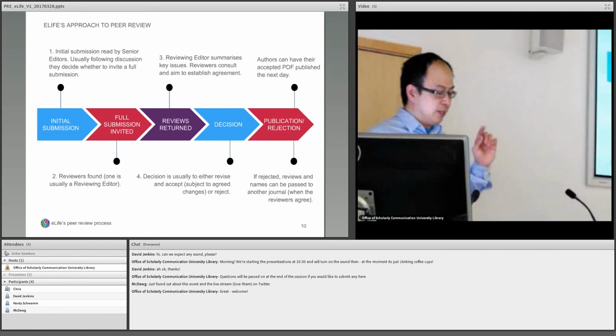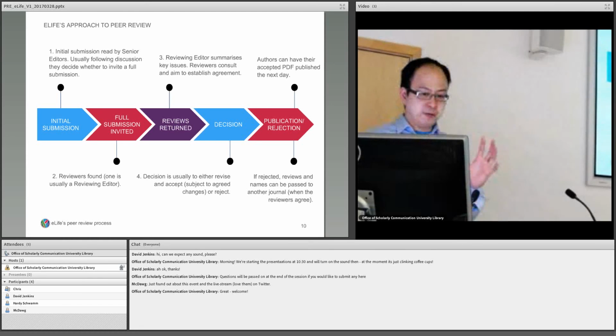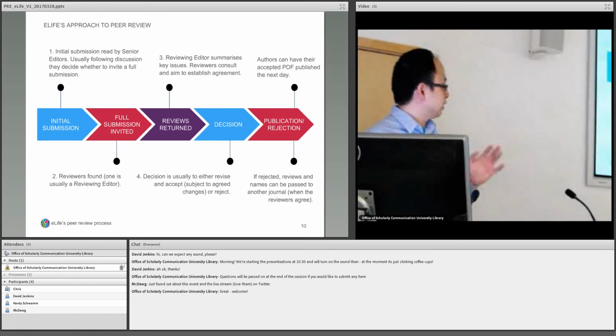If we do commit to peer review of a paper, the reviewing editor will often serve as the first reviewer. The reviewing editor who handles the peer review process will also recruit 2 or 3 external reviewers. Once those reports are returned, the reviewing editor, the reviewers and the senior editor will get together for a discussion.